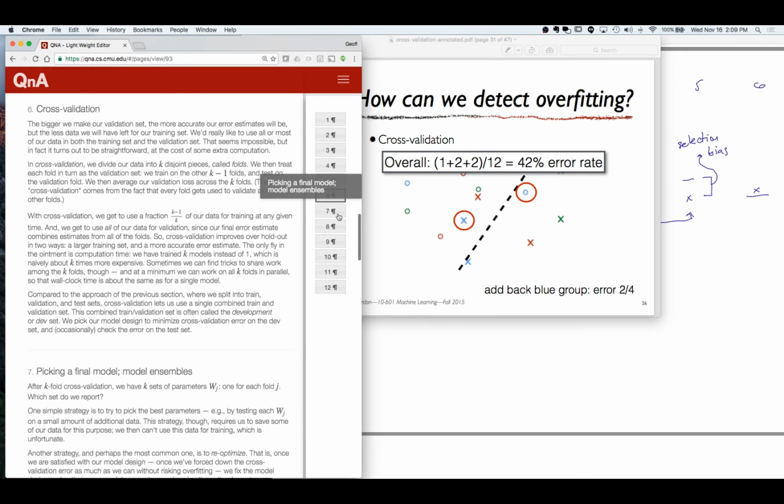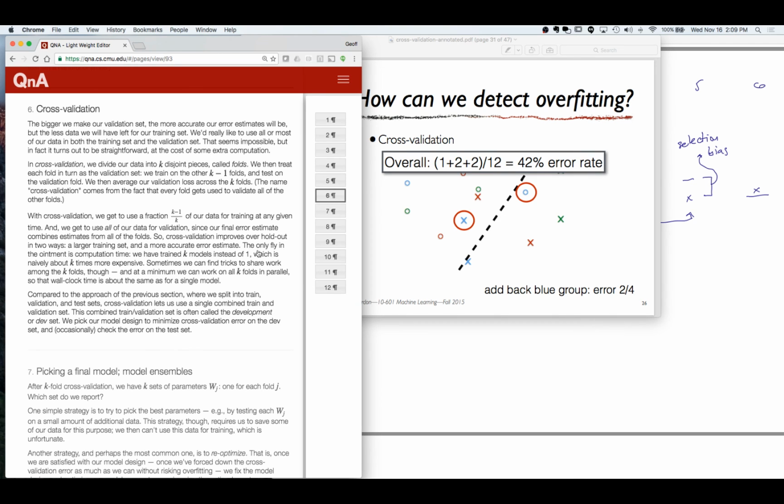So cross-validation is great because it gives us a larger training set. We get to use k-1 over k of our data. So if k is 10, we get to use 90% of the data as training data. And then we get to use all of our data for validation because our final error estimate combines error estimates from all of the folds, meaning that every training example participates in validation.